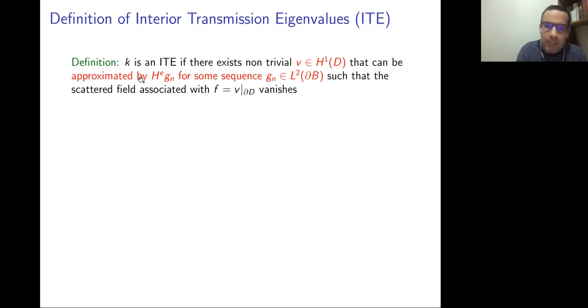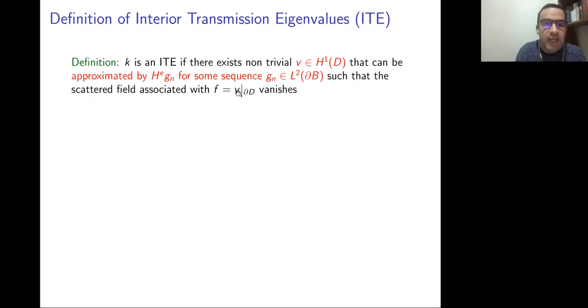So if the frequency k allows me to build a sequence of g, and I should be more specific because this is a compact operator, in fact I need this sequence to converge to some non-trivial function inside the domain D. Of course, to have invisibility, the scattered wave should be zero. So the scattered wave will be related to the trace of v, which means that v should be zero.